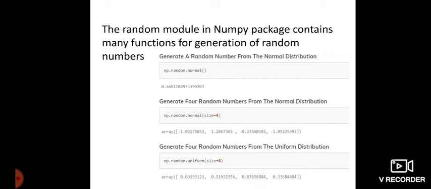Now we are going to make use of the random module from the NumPy package because it contains many functions for the generation of random numbers. To generate a random number from the normal distribution, I can call the function normal, and if I want a specific size, we specify that by using size. For example, in this slide we have given size equal to 4.